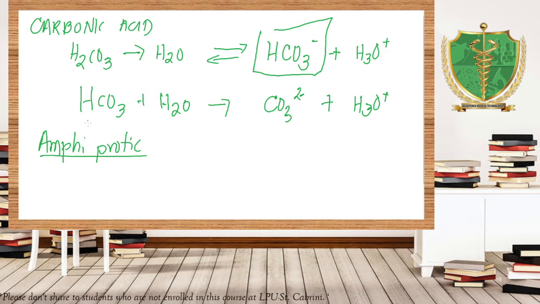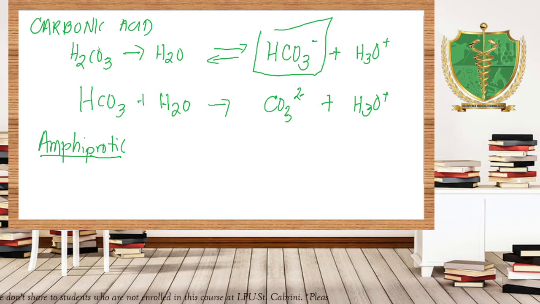What do we mean? This is one word. Amphiprotic. What do we mean by the word amphiprotic? It is a substance that can act as either an acid or as a base.